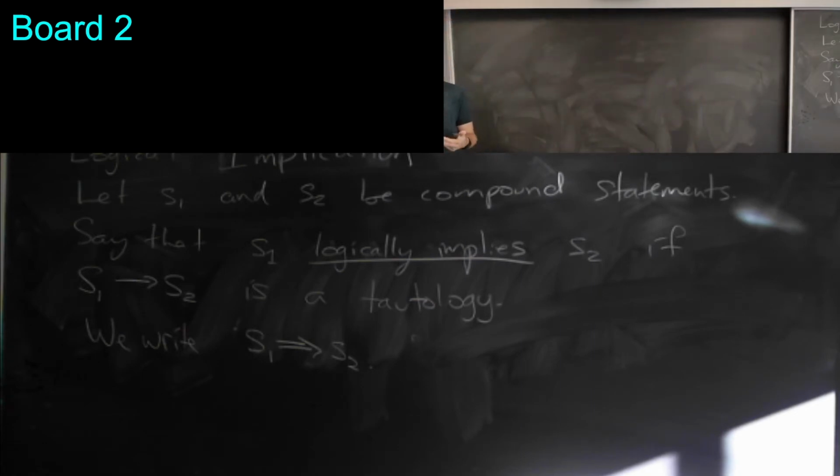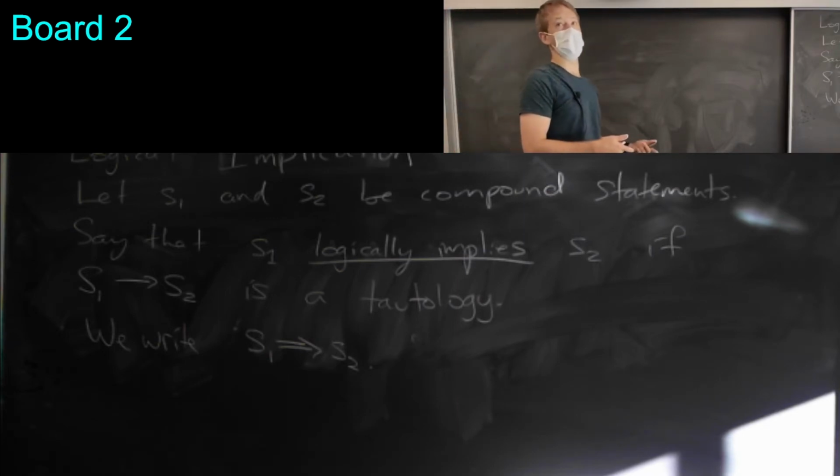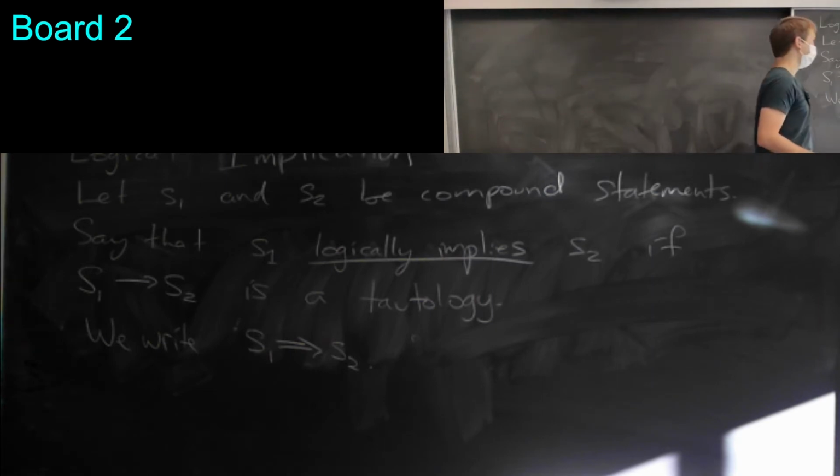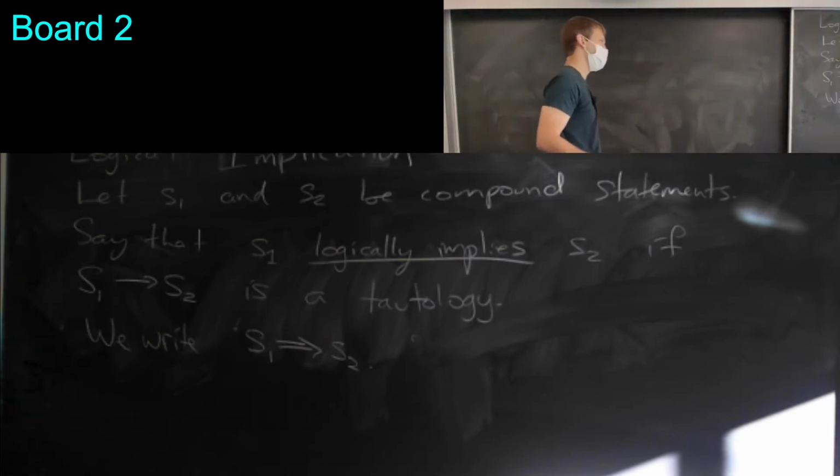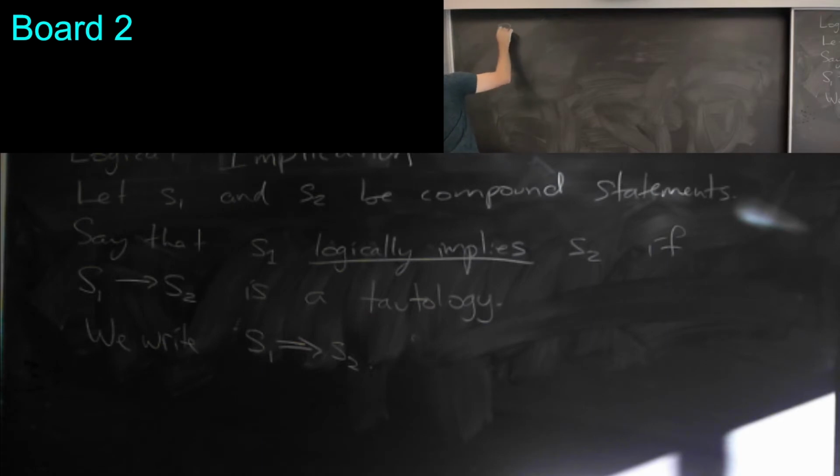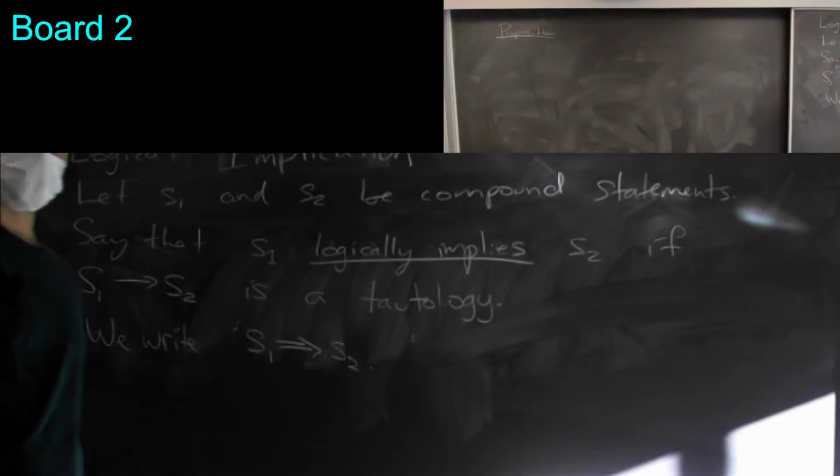And again, if you're really good at truth tables, then you can always check if something logically implies the other, right? Let's do a pretty basic example. Or actually, maybe do I have a more complicated example? Let's see.